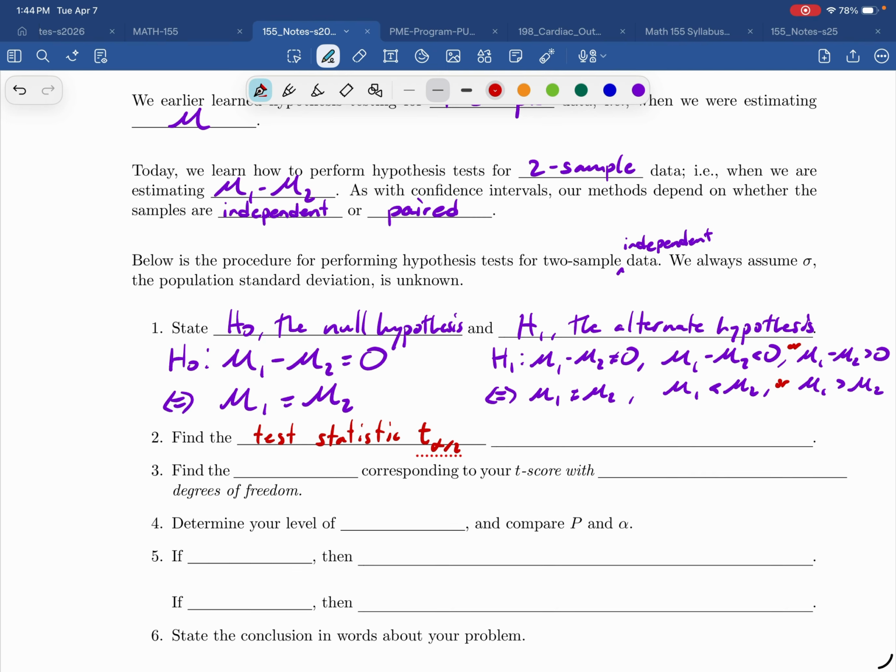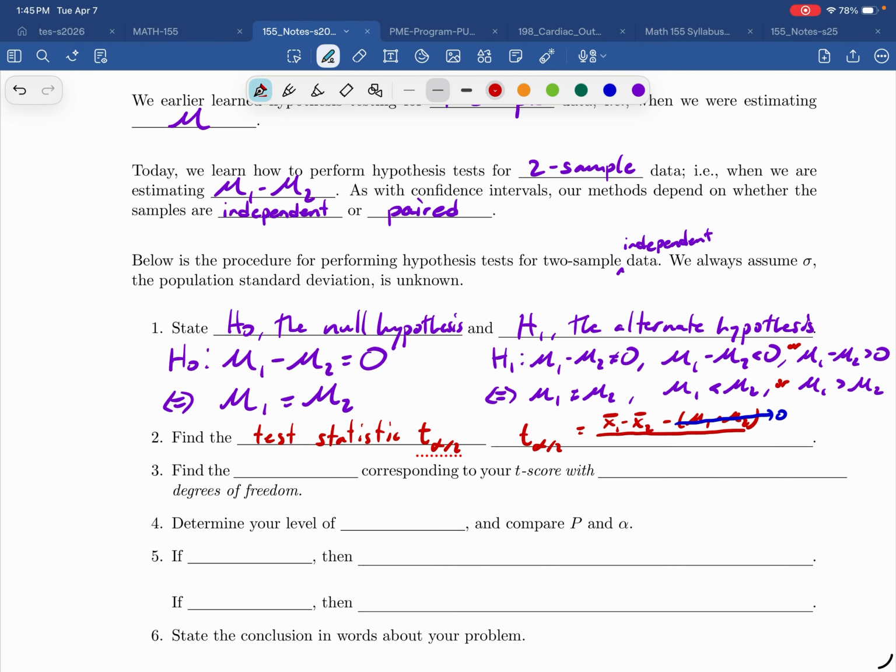And again, note that we're always assuming sigma is unknown, so we're always using T and not Z. You can just write T, but again, the book writes it as T alpha over 2, and it's going to equal the point estimate minus the difference between the means, but typically that's going to be 0.